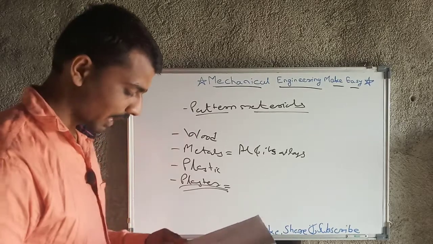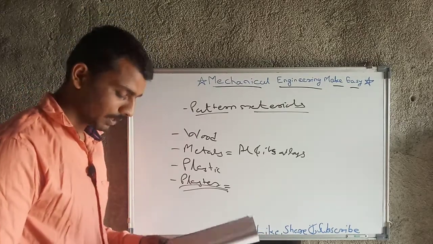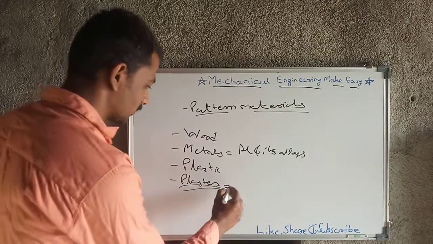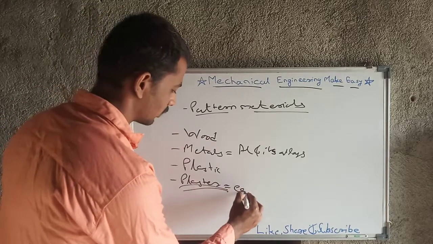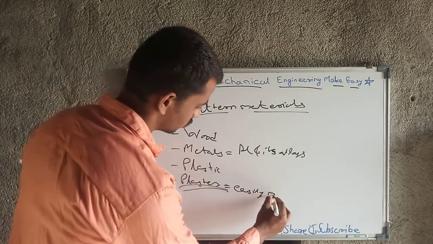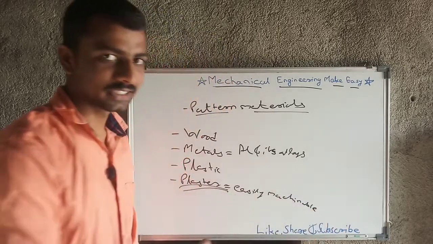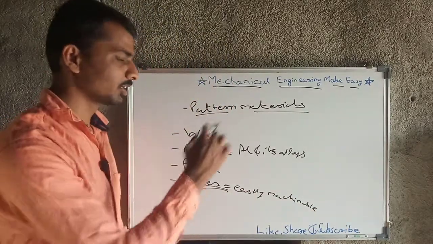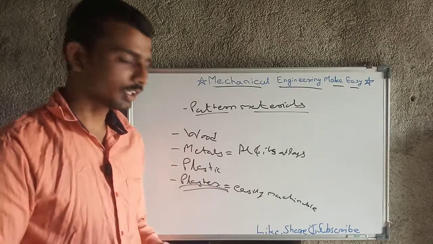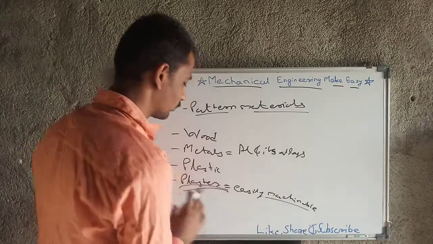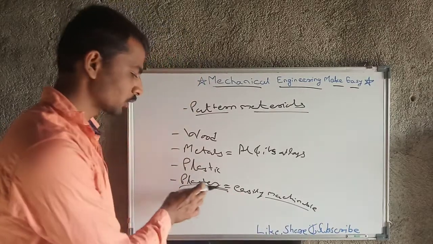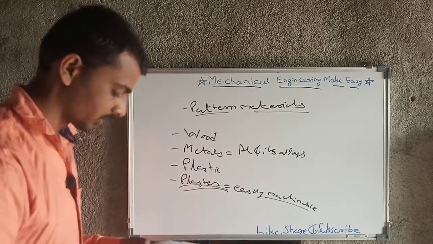And what are the advantages of using plaster? Plaster is such a material that is easily machinable. If we have to make any changes in the pattern, or while making the pattern, we can easily machine it and we can make any complex shape. That's why plaster has that advantage.